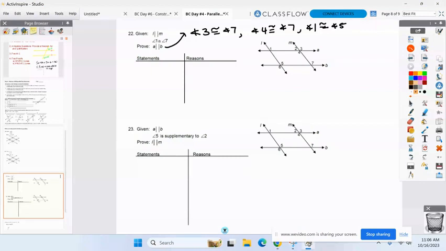What's up, Ian? 6 and 1. Yeah, I could go 6 and 1, alternate exterior, right? You guys are on fire here. So that's what I want you to do before you start any of these, even the ones tomorrow on the quiz. Oh, I'm proving lines parallel. Let's get this angle congruent to this angle.